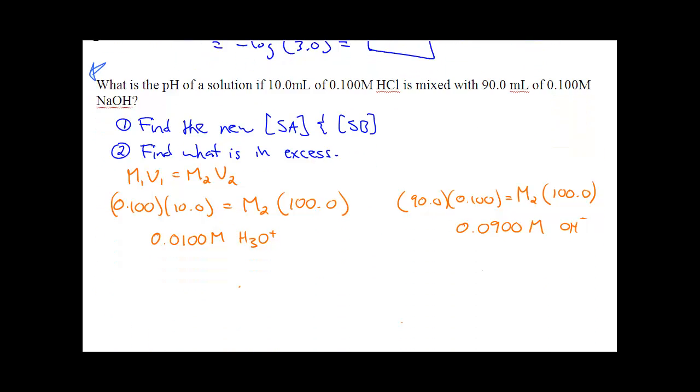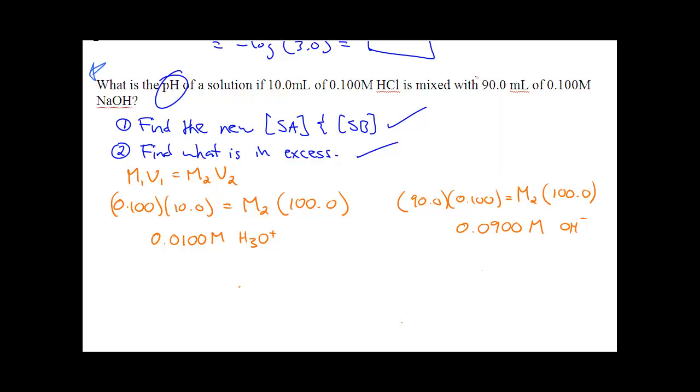Okay, I've already started it to save some time. Again, we're solving for pH. 10 mils of a strong acid mixed with 90 mils of a strong base. We need to get the new concentrations after mixing, then we find what's in excess, then we solve for pH. So you got to do M1V1, M2V2 first. I'm starting with the strong acid just because it's listed first in the question. 0.1 molar times 10 mils divided by 100 gives me H3O plus. 90 mils times 0.1 divided by 100 gives me OH minus.